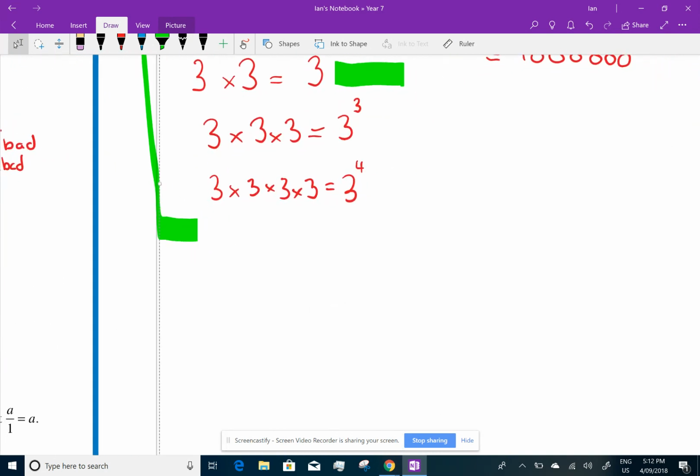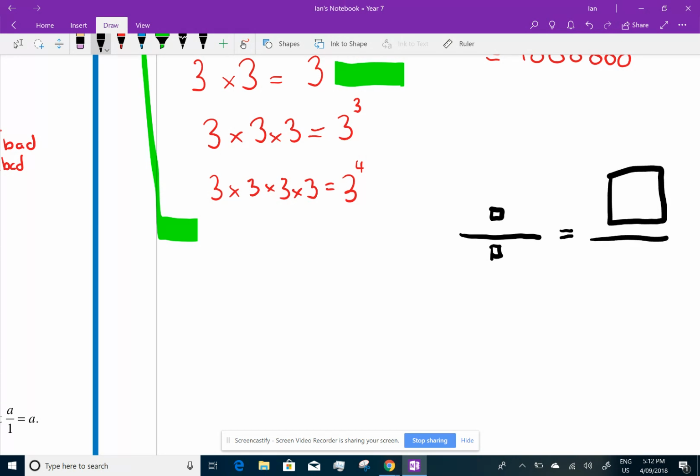Now, please remember that division is also the same as writing as a fraction, which is why we use that symbol.